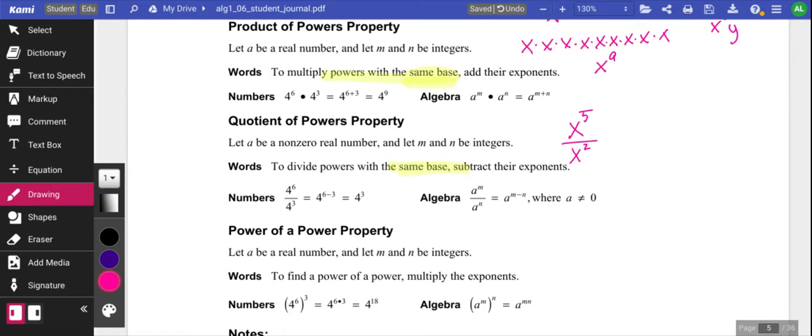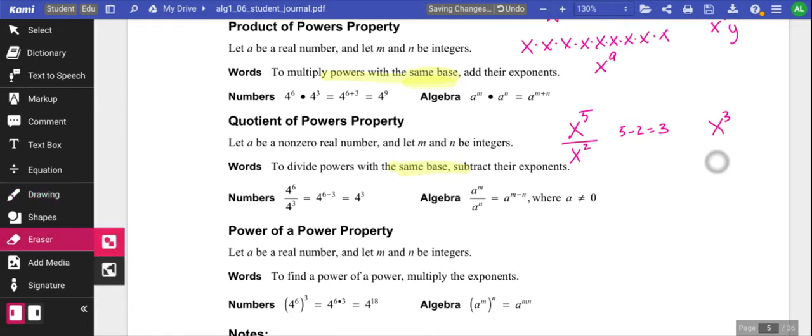You're always going to want to subtract. Okay, so 5 minus 2, I get 3. So, since my larger exponent is in the top of my fraction, I'm going to have x cubed. Think of it like it's the top of a fraction over 1. I don't care about that. I'm just going to leave it as x cubed.